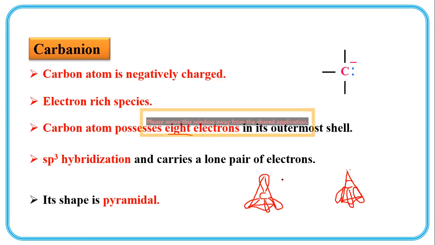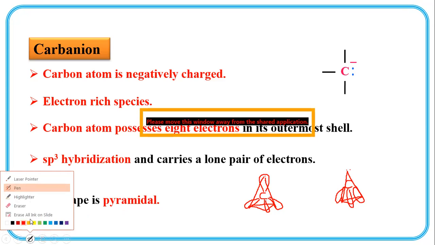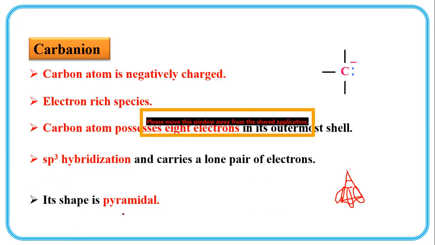This is pyramidal geometry. Okay. See here how this carbocation and carbonium ion formation take place.